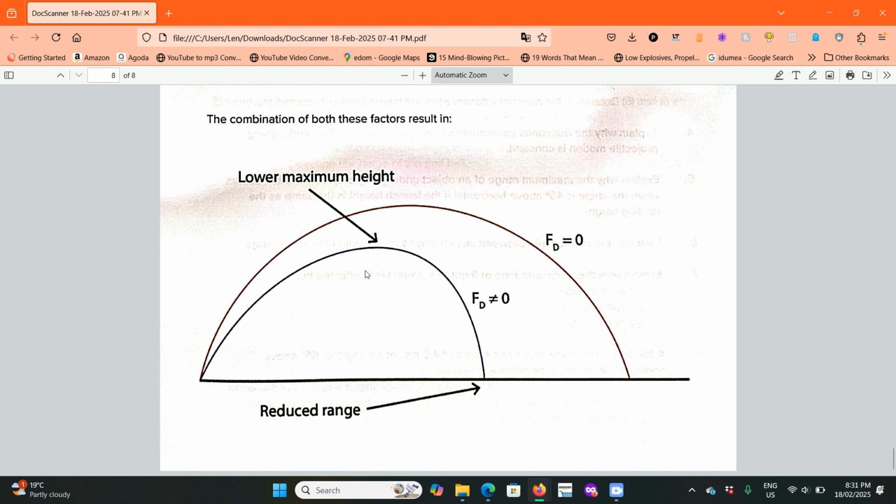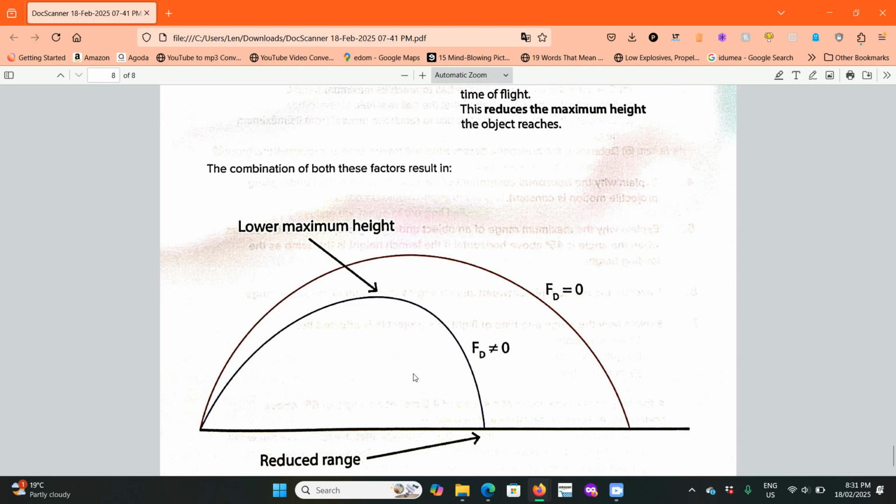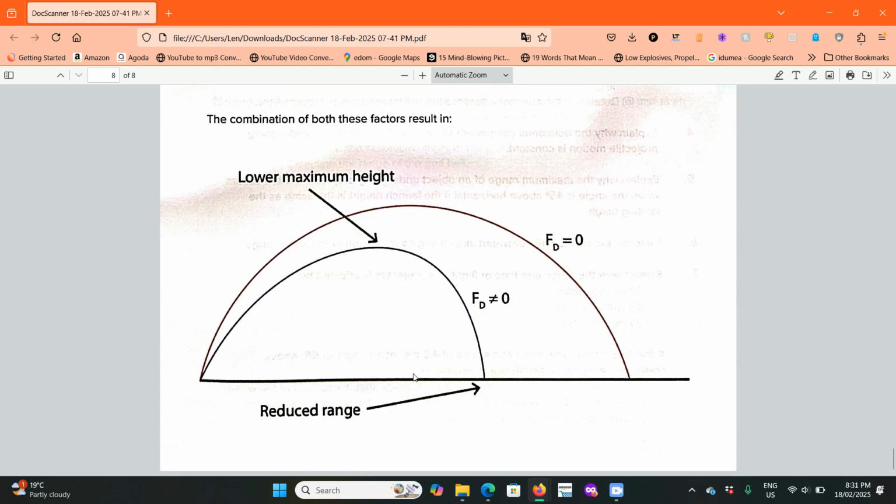With drag force, it's uneven and it's not nearly as nice, and you do not get nearly as far nor as high as you could have without drag being present. That is the entirety of what you need to know for projectile motion.